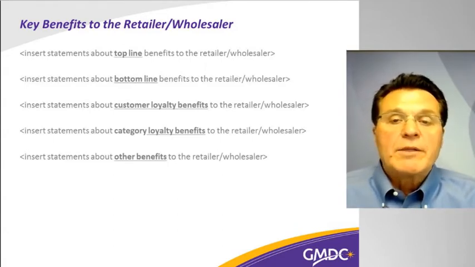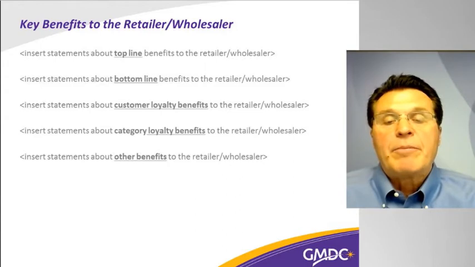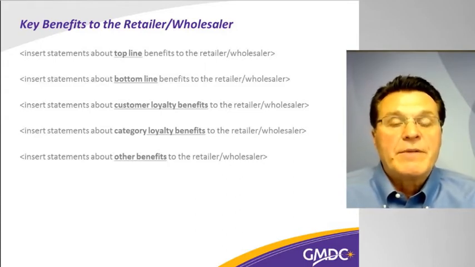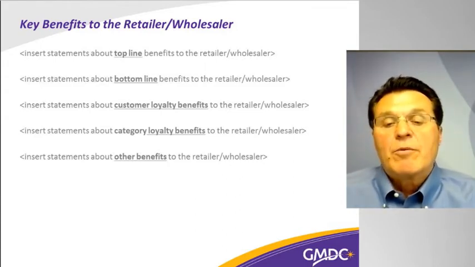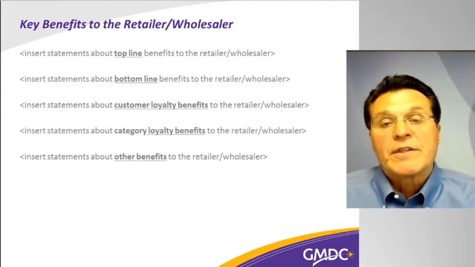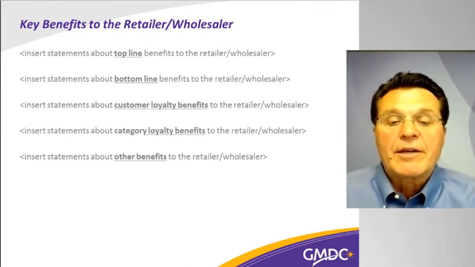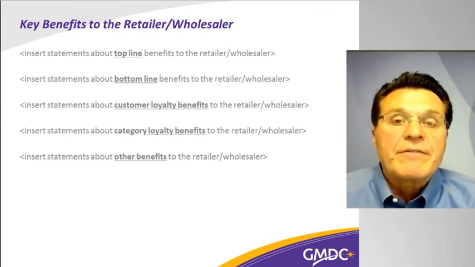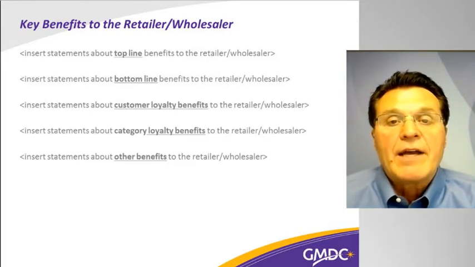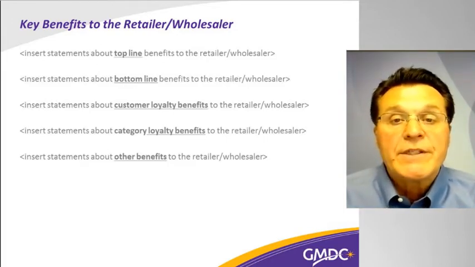Then also, how will it bring back a benefit from a customer loyalty standpoint, because they are offering this product within their stores, not only to the consumer but also to the category? Is it filling a need, a benefit to the consumer within the category? And then any other additional benefits that you may want to provide that will be offered to the retailer.